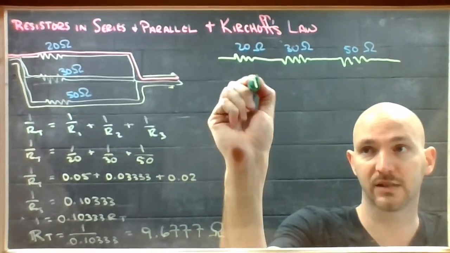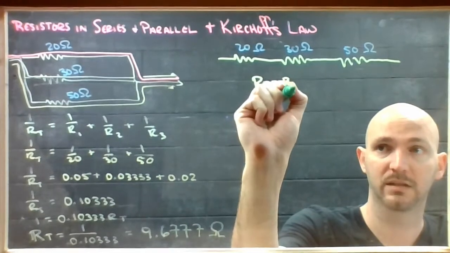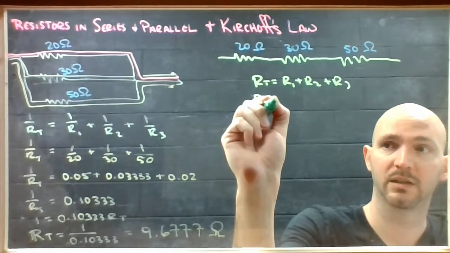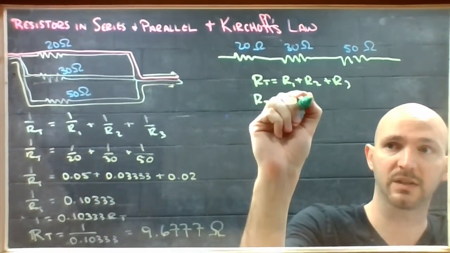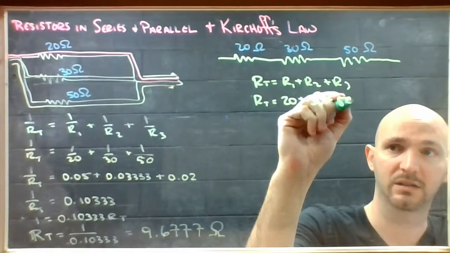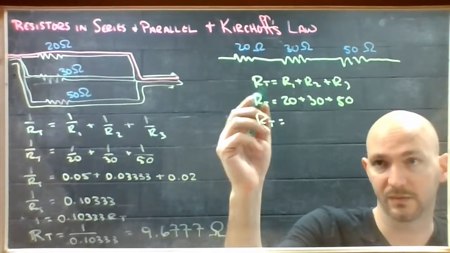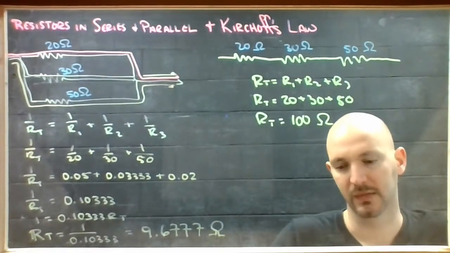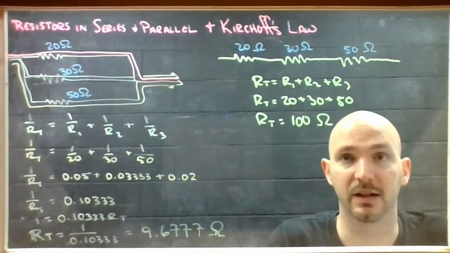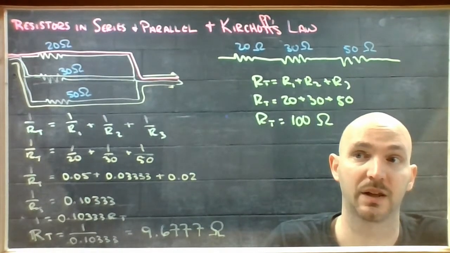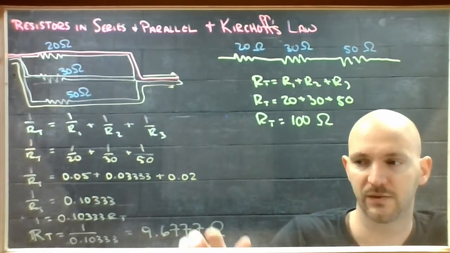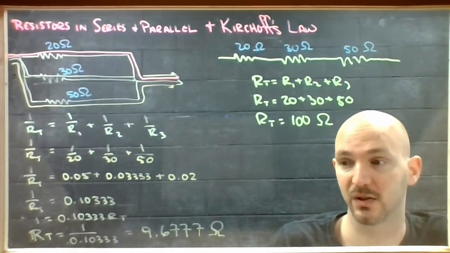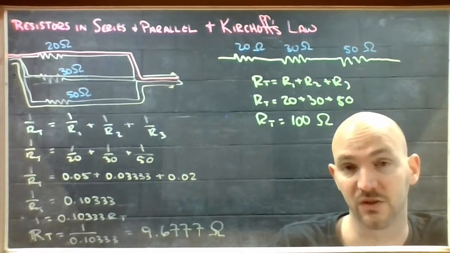Because it's in series, the total resistance will be R1 plus R2 plus R3, which would be 20 plus 30 plus 50, giving me a total of 100. So if you put them in series, then they all help each other, and you end up with 100 ohms total. If you put them in parallel, there seems to be some sort of conflict between them, and it only nets out as about 9.7-ish ohms.